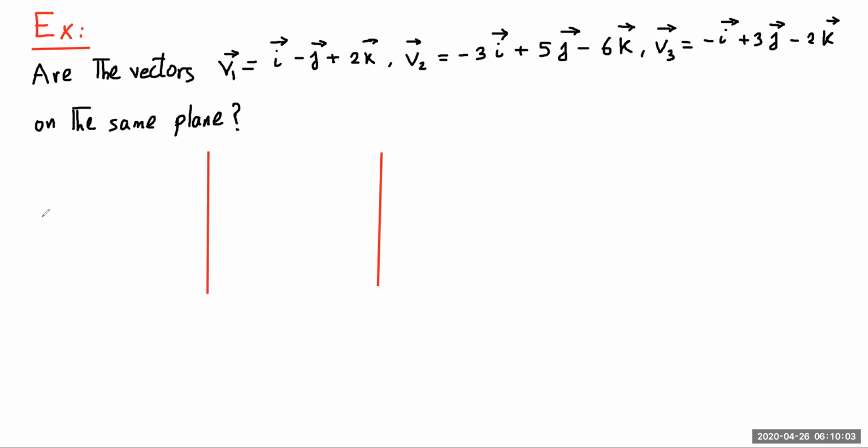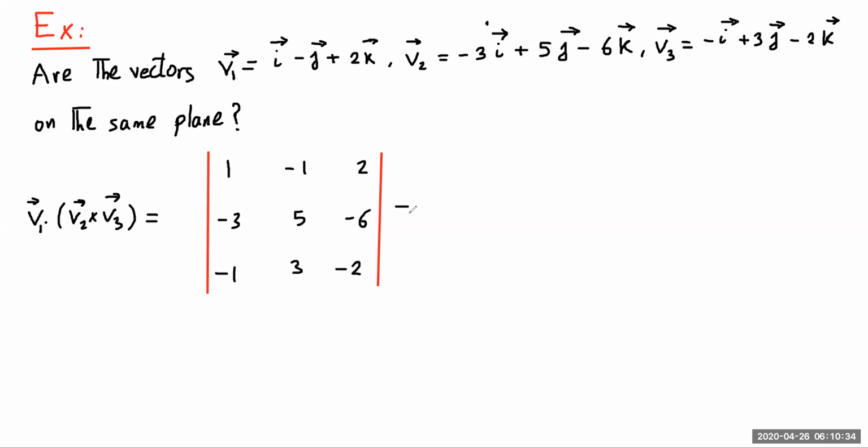So let's write v1 dot v2 cross v3. This is equal to v1 in the first row, 1, minus 1, 2; v2 is minus 3, 5, minus 6; v3 is minus 1, 3, minus 2.